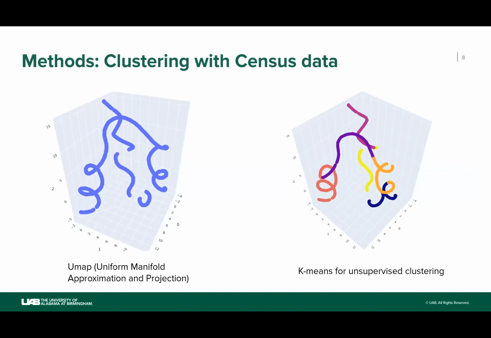Hello all. So what we have done is we have used a package called UMAP. UMAP is a dimension reduction technique that can be used for visualization. It is similar to t-SNE. Basically, t-SNE and UMAP are non-linear dimension reduction techniques.